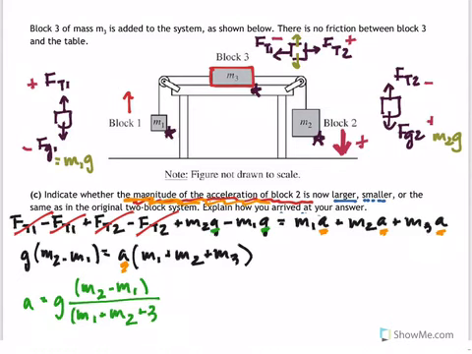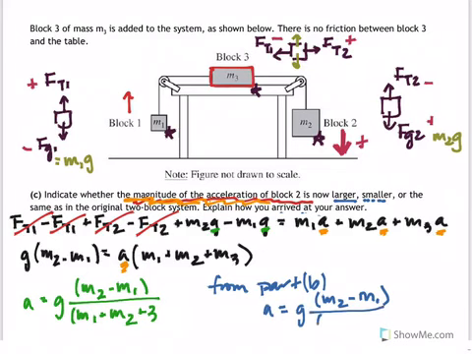So when we think about what we had from part B of the problem, you look at your equation from above, you had that acceleration was G times the difference between the two masses divided by the sum of the two masses.